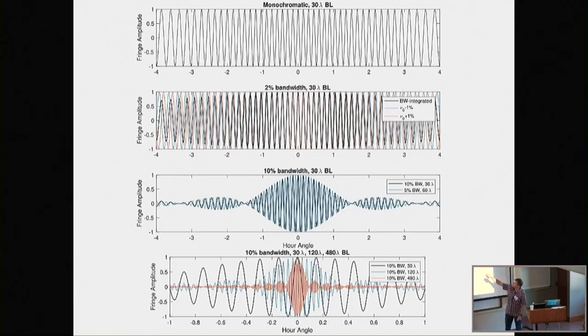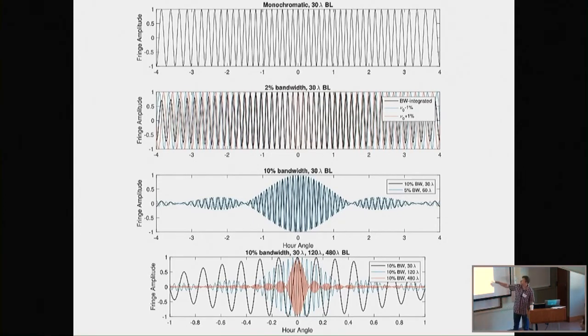If you allow a 2% bandwidth, so if you take red being the central frequency plus 1% and blue being the central frequency minus 1%, you can see that those waves, which are going to get integrated together along with everything all the way in between, are out of phase, right? And so the amplitude of this fringe pattern is starting to be suppressed by that sinc envelope.